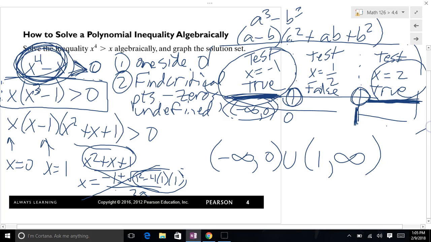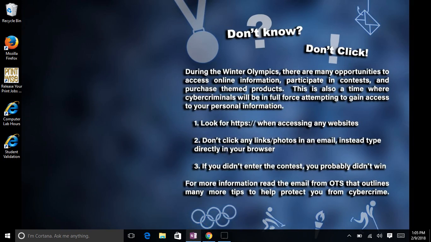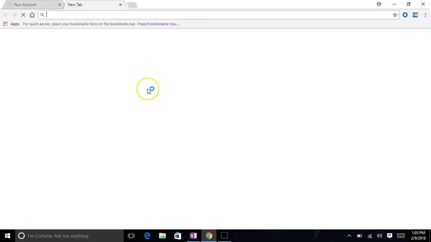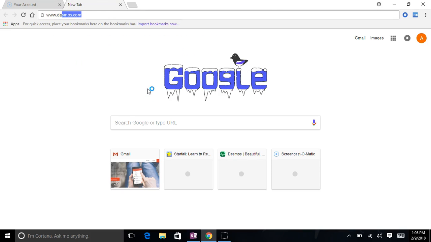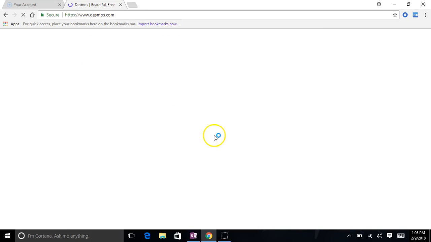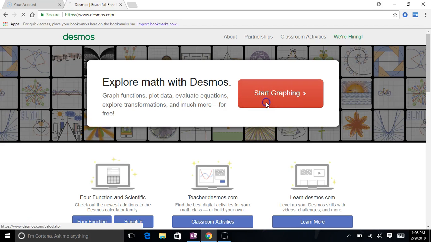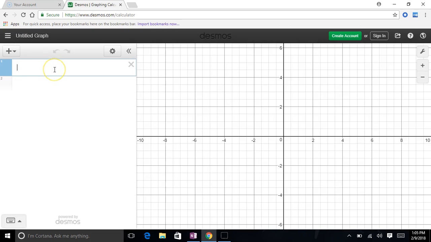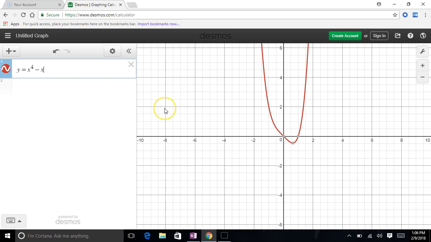Okay, so if you were looking at this in Desmos, if you were graphing y equals x to the 4th minus x, can you see how you're above the x-axis?